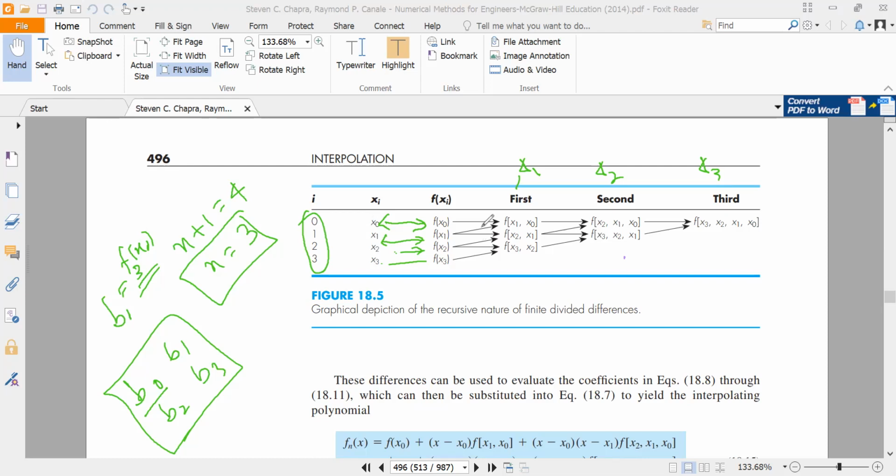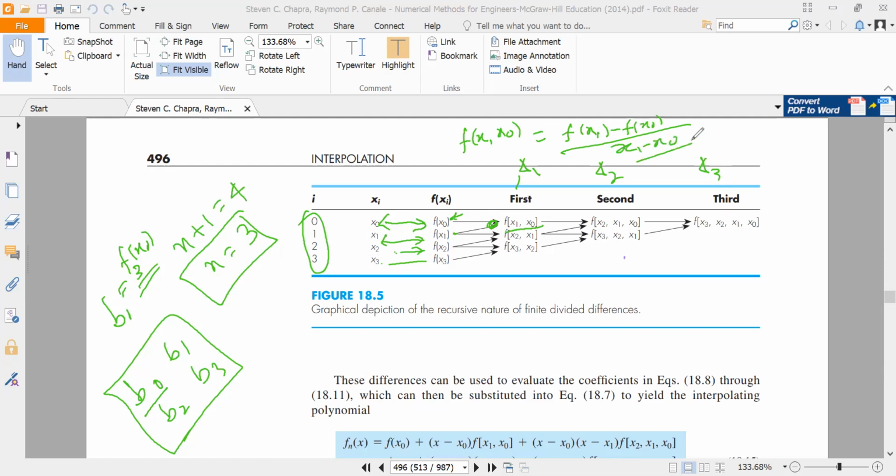Just like our previous example, you use your first two data points to calculate the first derivative. That derivative is represented in this book as f[x1, x0]. That is simply equal to f(x1) minus f(x0) divided by x1 minus x0, isn't it?